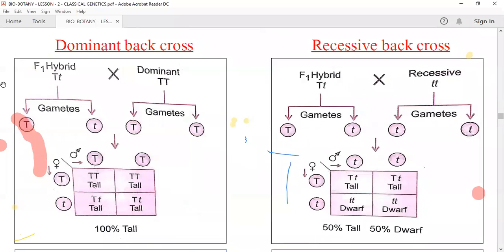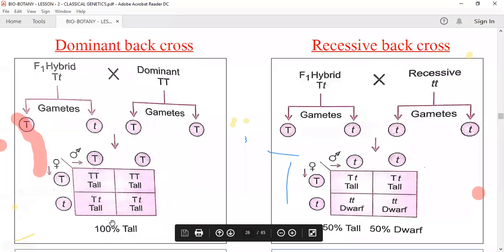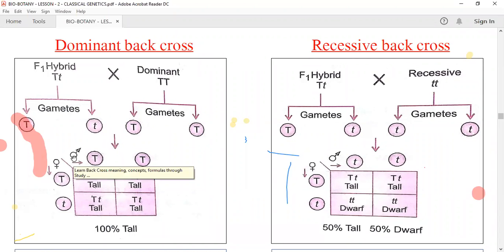Here you can see, in a dominant back cross, the F1 hybrid capital T small t is crossed with the dominant one, capital T. So again the gametes are segregated as capital T, small t, and capital T. We have to keep it in the Punnett square, where one side is considered female and the other male.